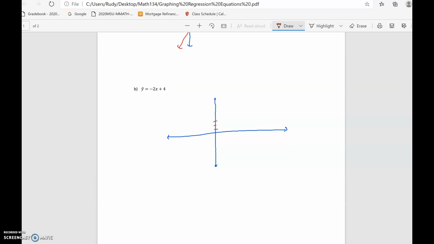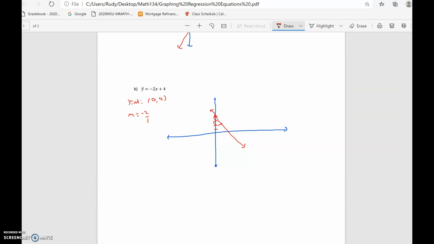So 1, 2, 3, 4. So y-intercept (0, 4), and the slope is negative 2 over 1. So technically 2 units down and 1 to the right. That is going to be the actual line. So this is your second sketch.